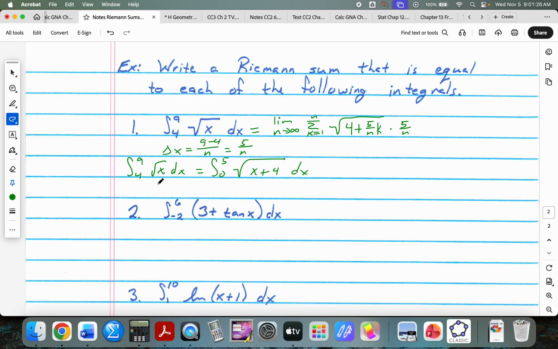If you substitute in 4, you've got the square root of 4. If you substitute in 0 here, you've got the square root of 4. When you substitute in 5, you have the square root of 9. Here, you've also got the square root of 9. So this takes the square root function and moves it to the left 4. And notice that my limits of integration have also moved to the left 4.